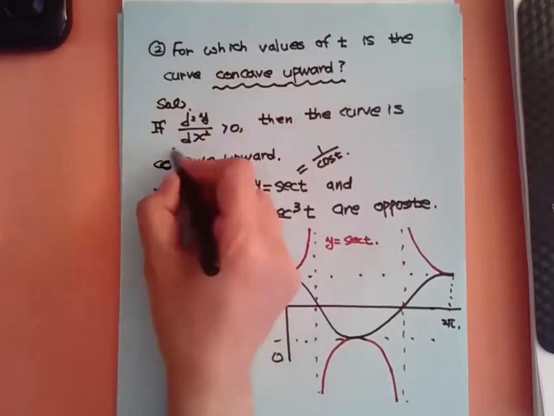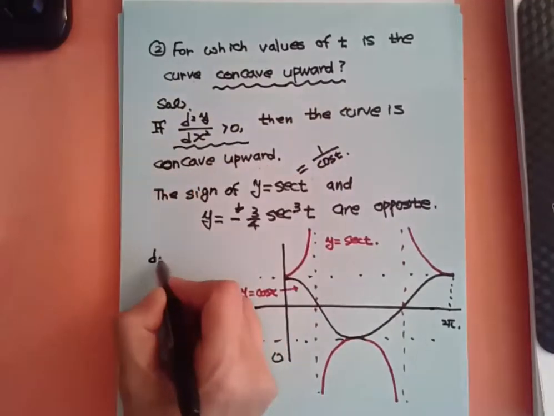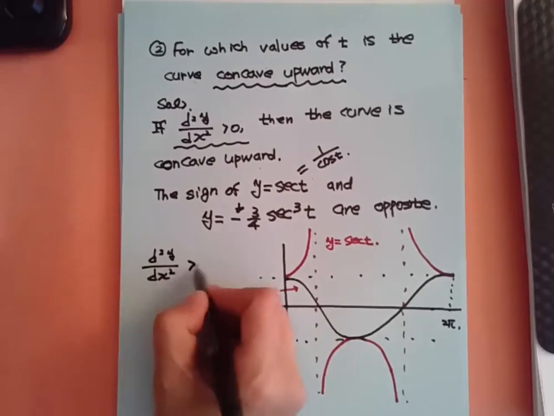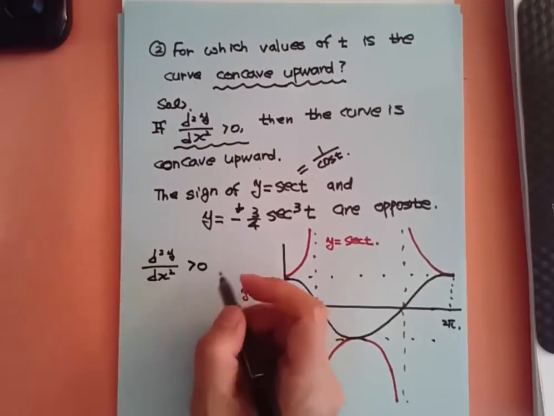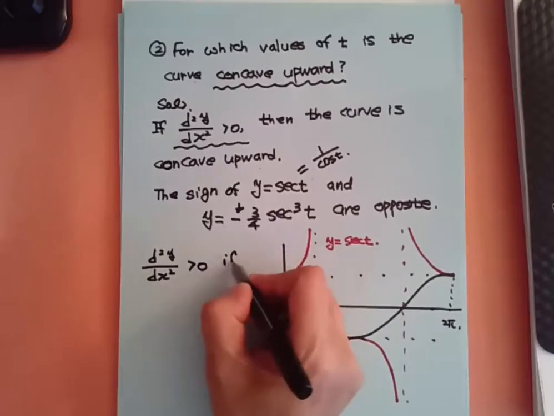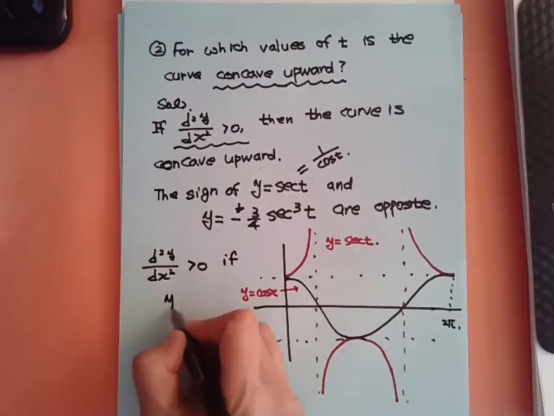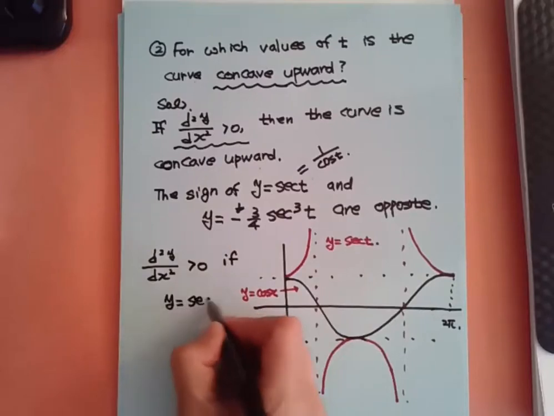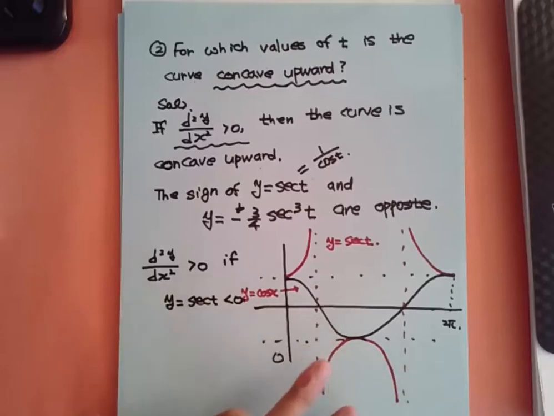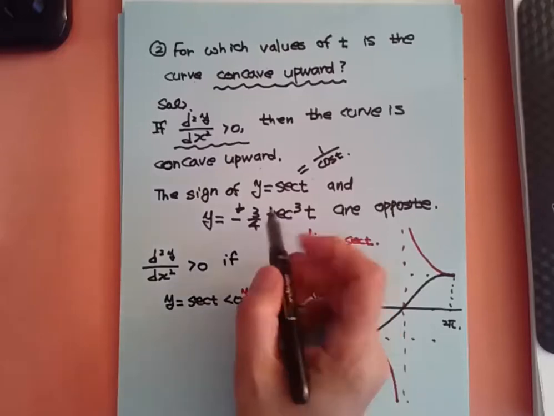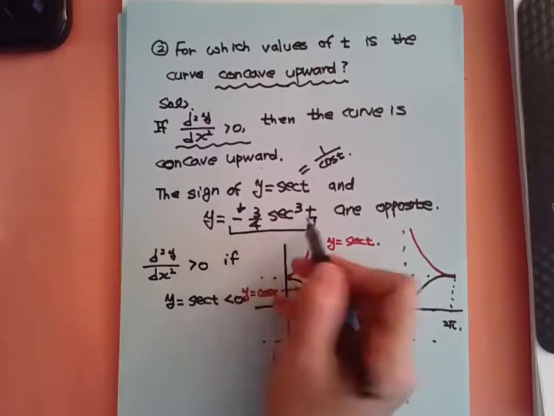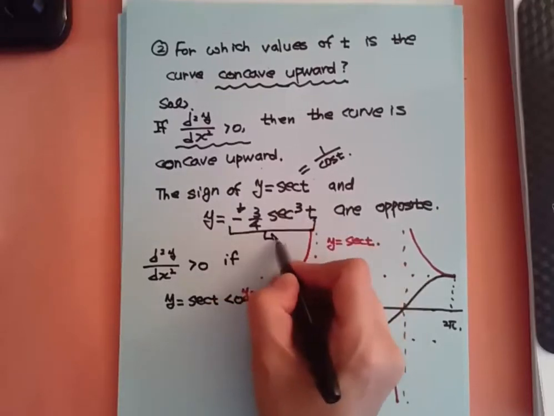That means the second derivative d squared y over dx squared is greater than 0. But what is the condition for that? That happens if secant of t is less than 0, right? Because this one is the second derivative.